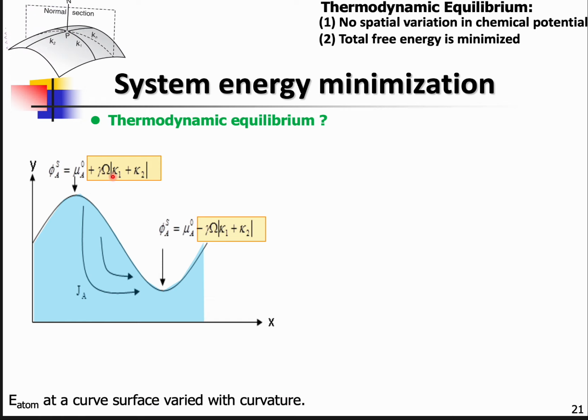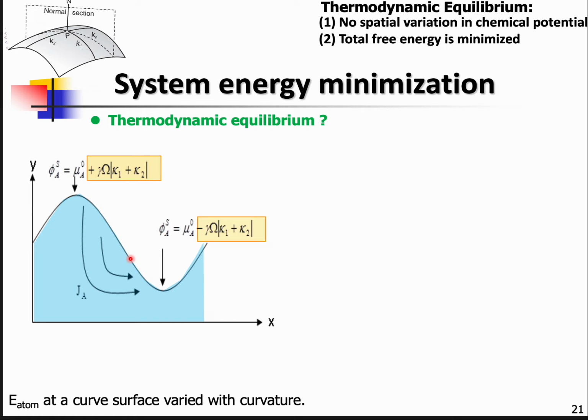I also want to remark on what kappa 1 and kappa 2 are. When we want to describe a curvature or curved plane, we use kappa 1 and kappa 2 to describe this curved plane or curved surface.